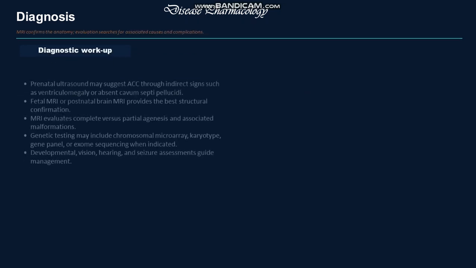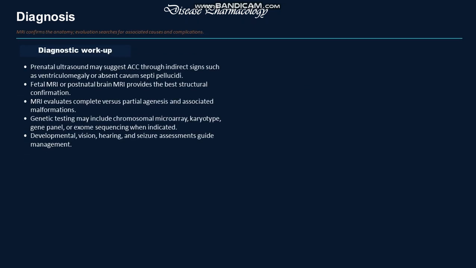Diagnosis. Diagnostic workup means the neurophysician has to go through certain points like MRI and genetic testing like karyotyping, microarray, gene panel, or other tests for these kinds of patients. Developmental, vision, hearing, and seizure assessment guide management.